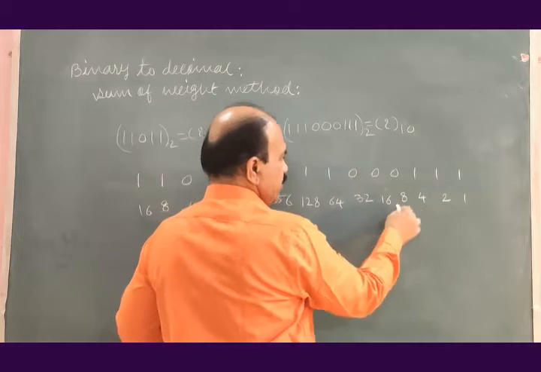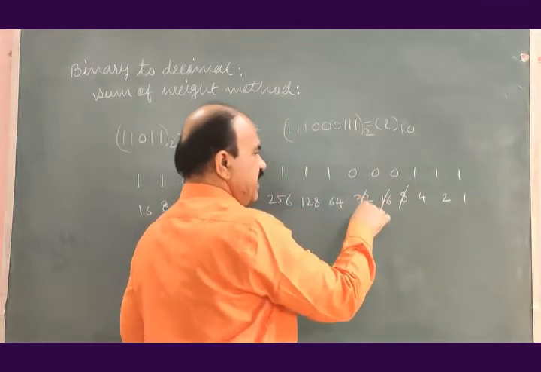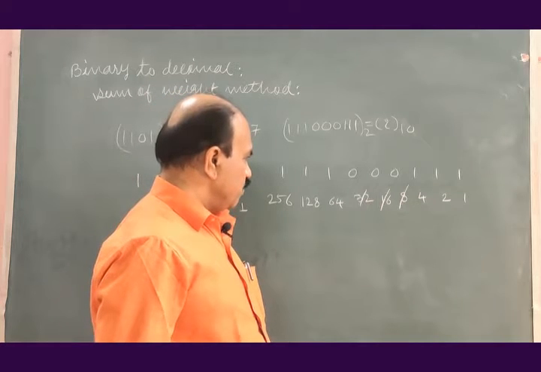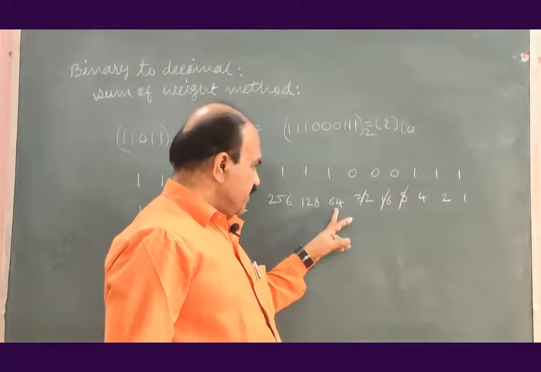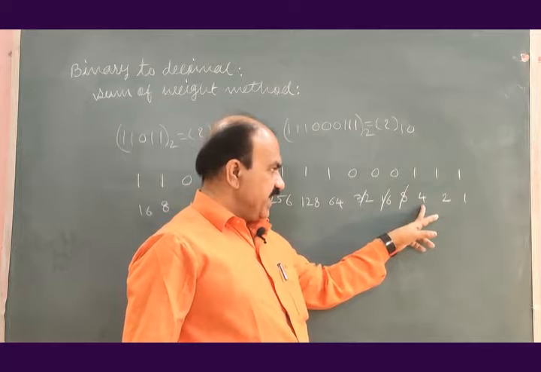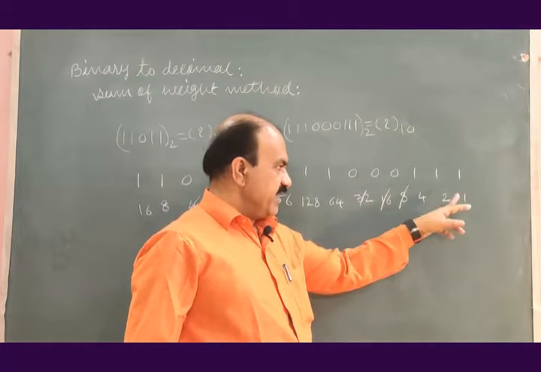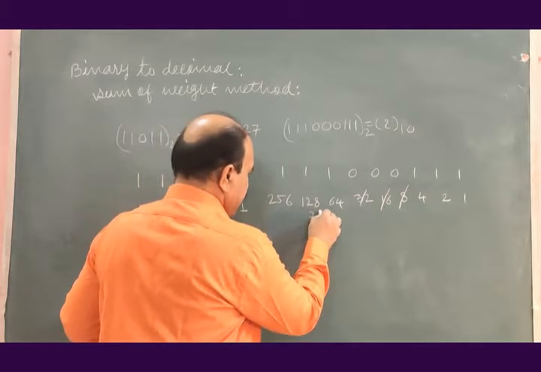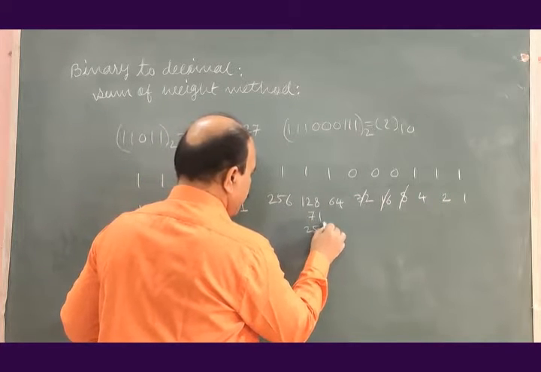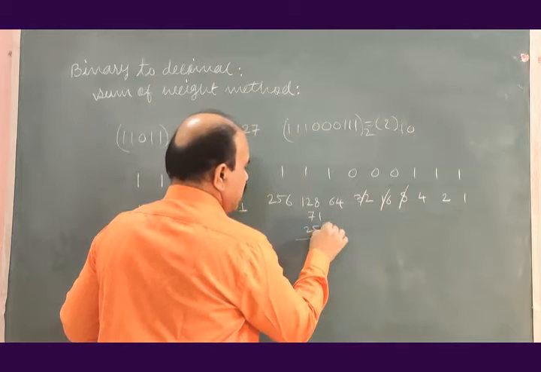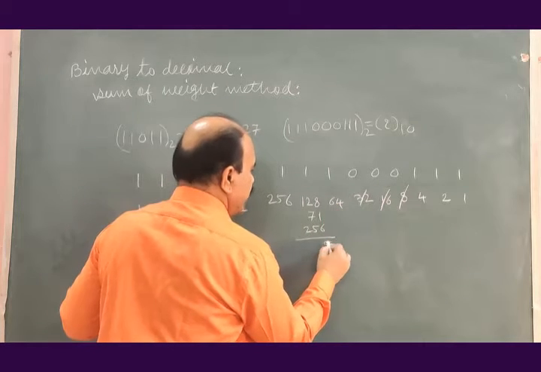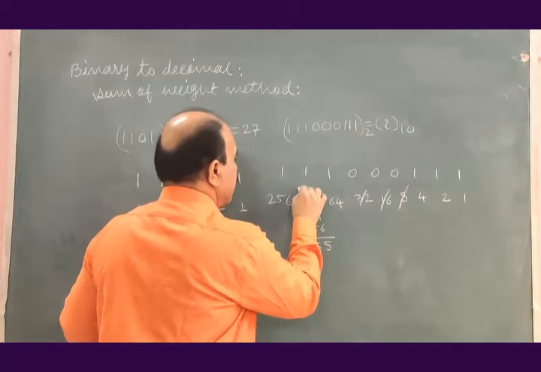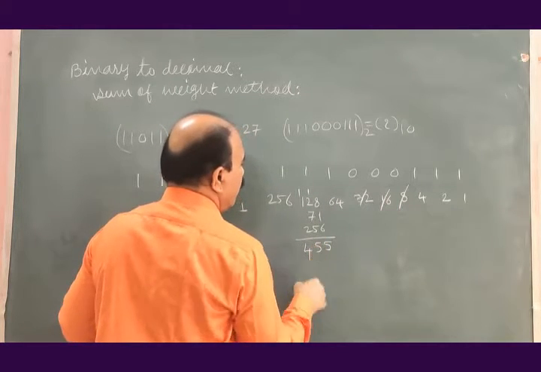0, 0, 0. These weights are cancelled. And now 64 plus 4, 68, 70, 71. 71 plus 256, 7 plus 8, 15, 5, carry 1, 10 plus 5, 15, carry 1, 455.